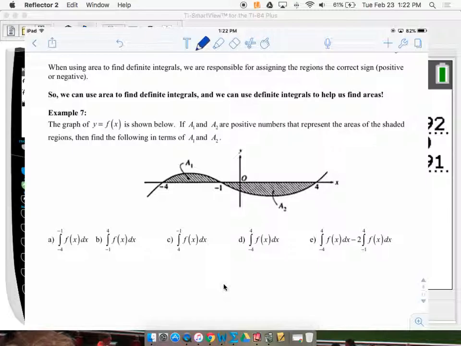This is why I don't like the old ones. They're so hard to. ln of 3 to 3 plus. Yeah, I think you're messing up with your bounds. I think that's why you're not getting the right answer.